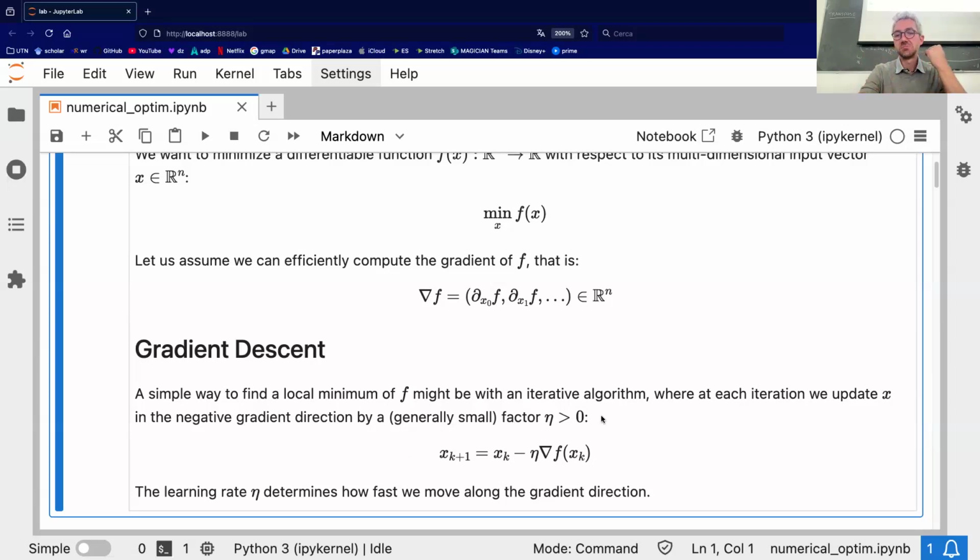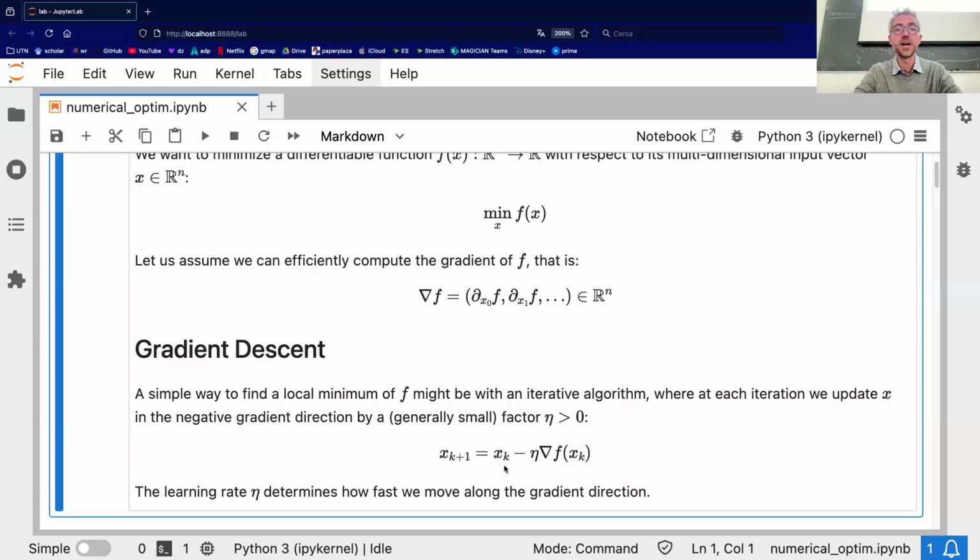You start from an initial value for the variable x, which is your so-called initial guess. If you don't have any initial guess, typically the solver uses 0 as initial guess. It's a valid choice. And then you iterate. You have an iterative algorithm where at each iteration, you evaluate the gradient, nabla f evaluated at the current guess, so xk.